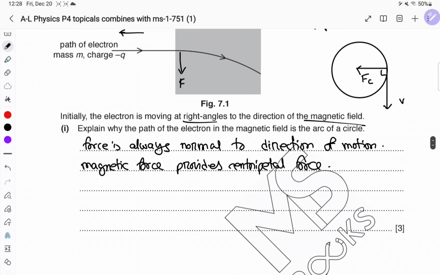As you can see, the magnetic force is constant, and so is the velocity. Hence, it's an arc.